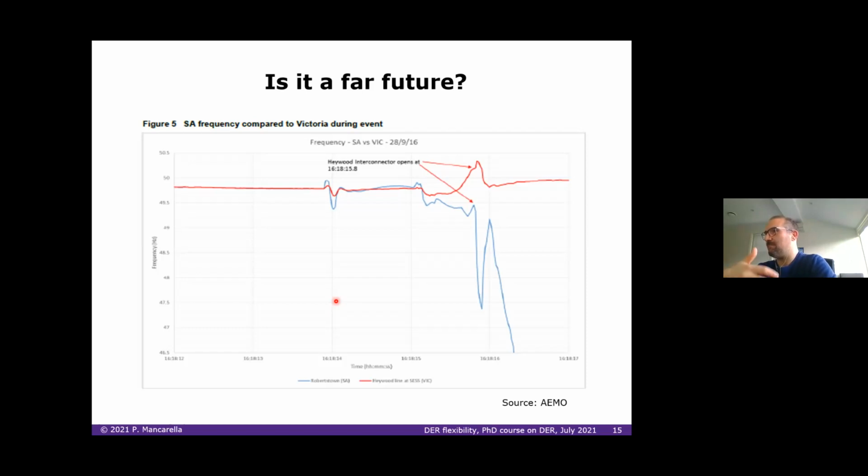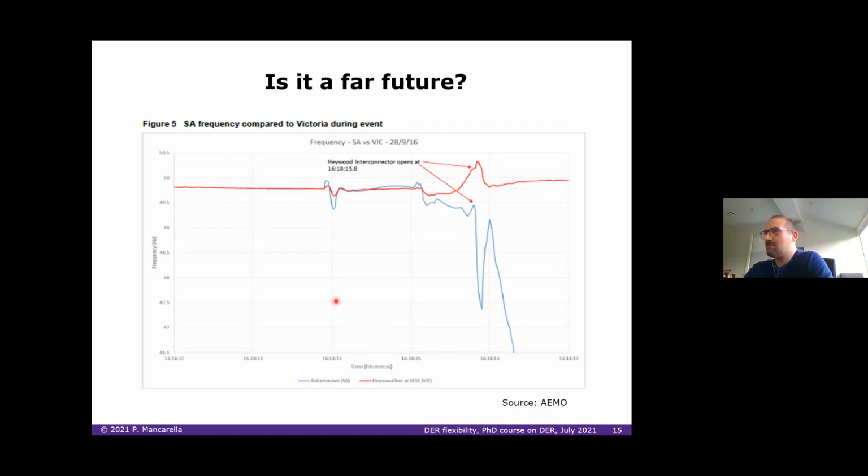There have been many such events happening throughout the world. A couple in Australia, a couple more in Australia. There was an event in the UK, in 2018 or 2019. So these issues are material. It's really not the future I'm talking about.